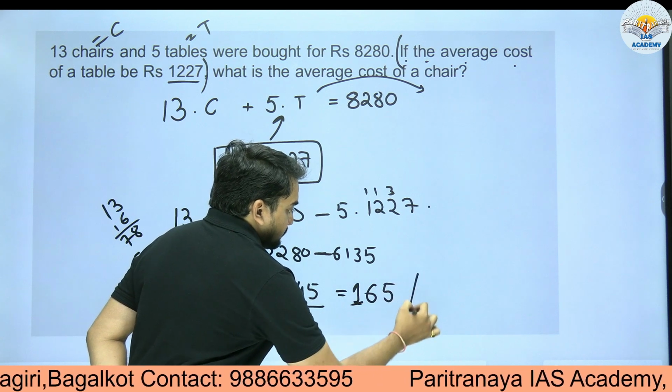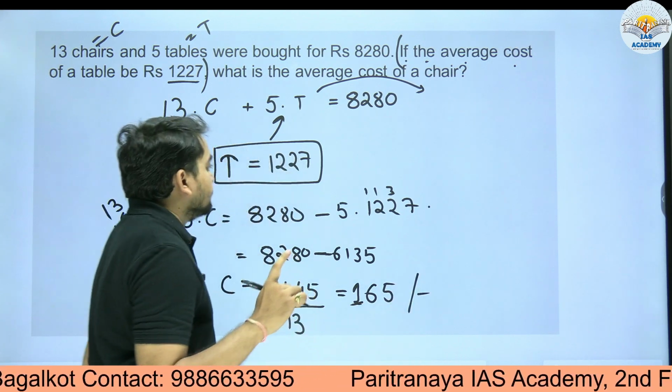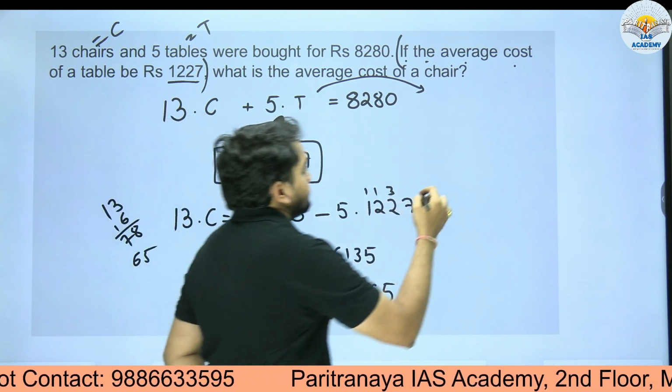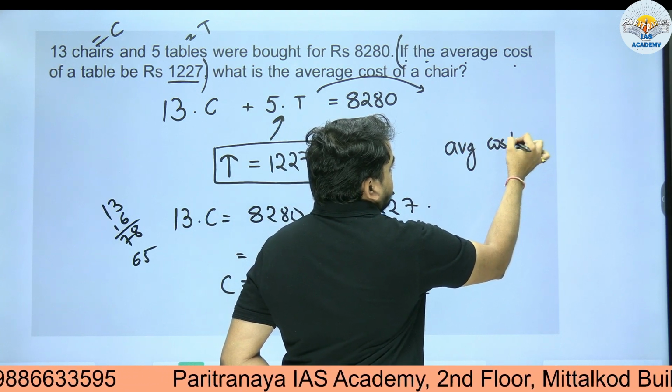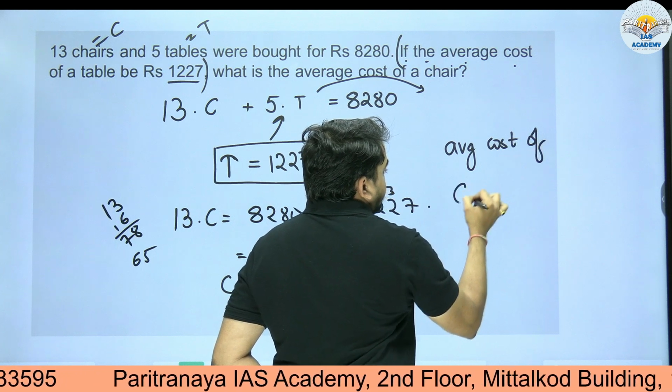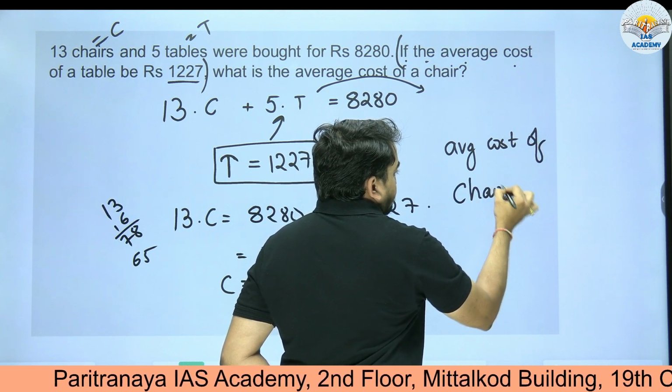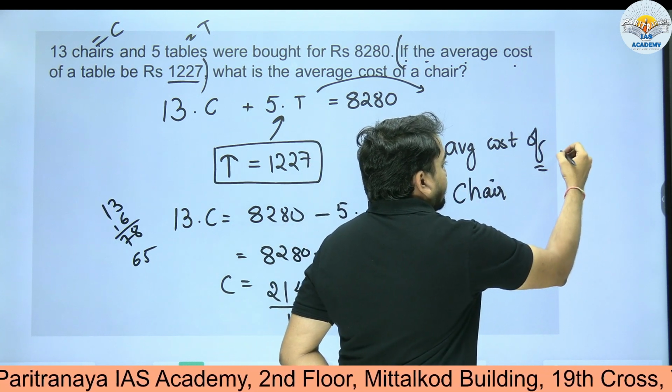All right, so this is the average cost of a chair. So the average cost of a chair is equal to 165.